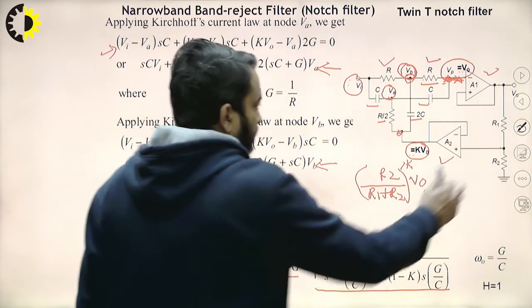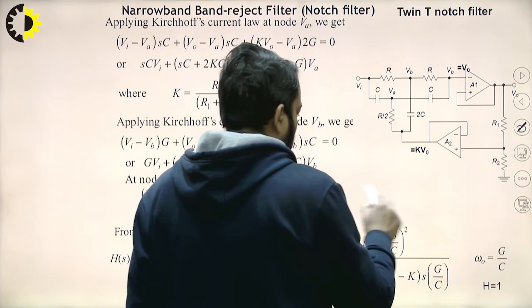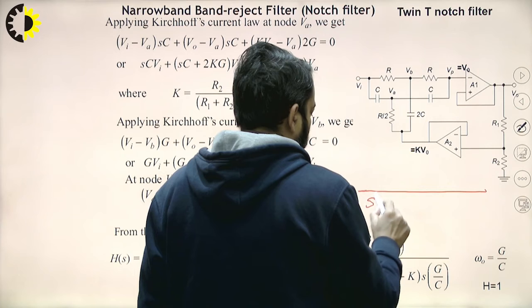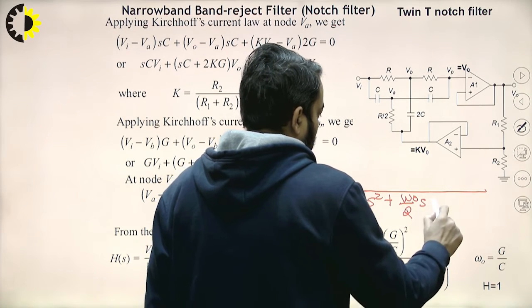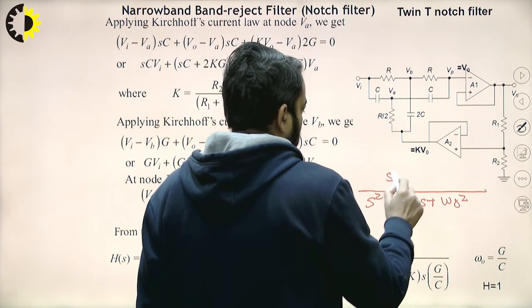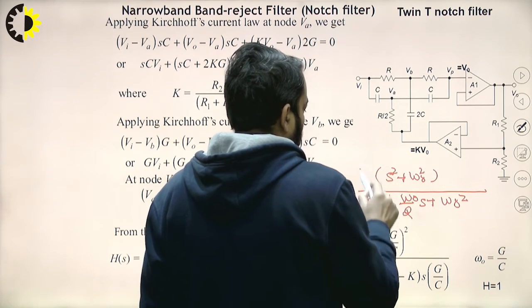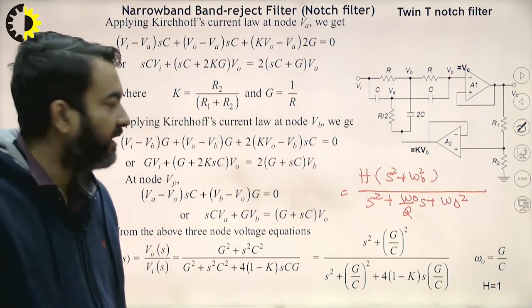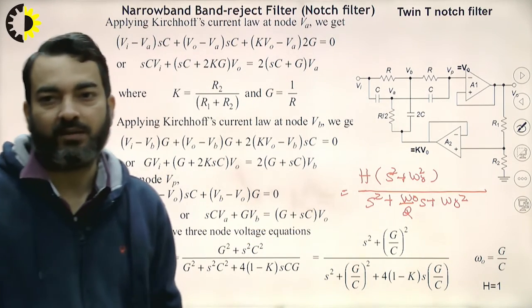The standard response of a band reject filter is this much. So we can easily calculate omega naught, Q and gain parameters.